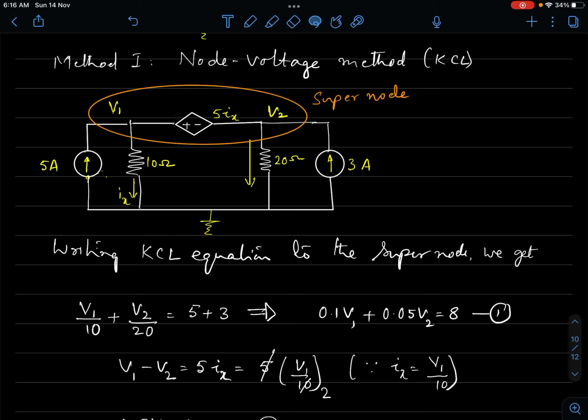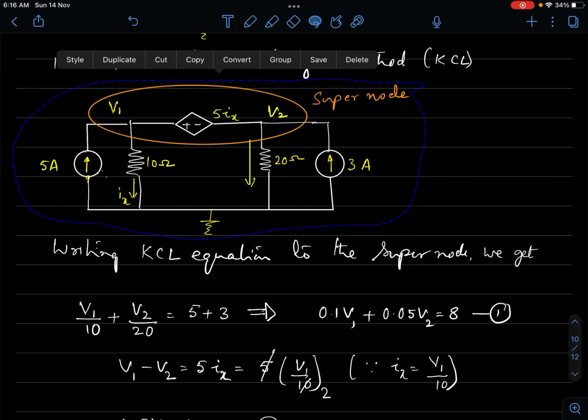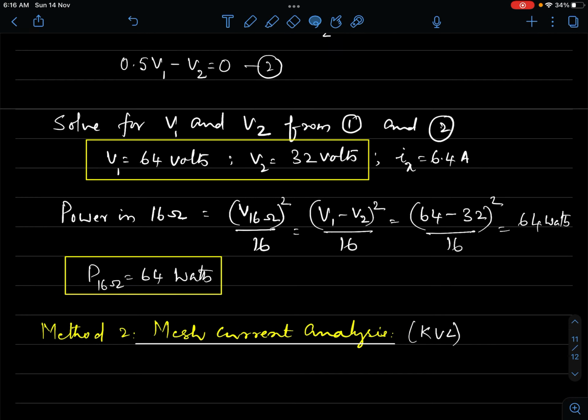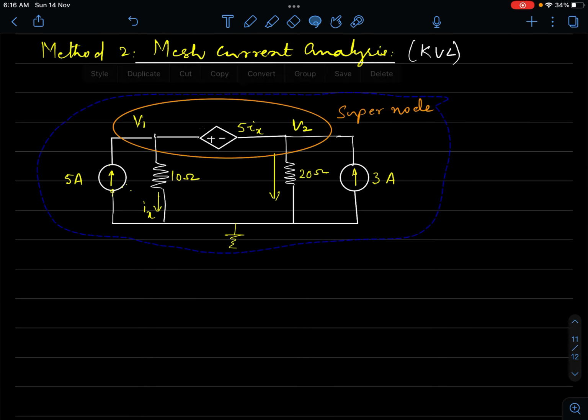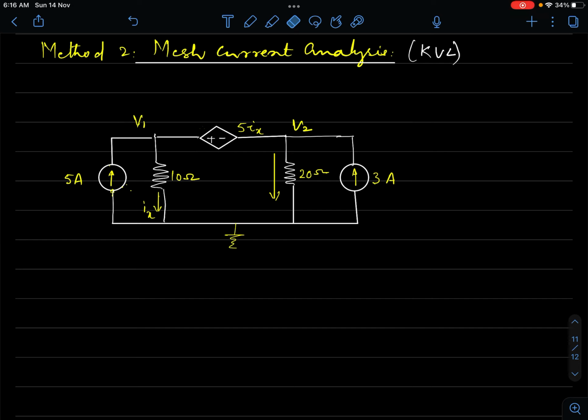I'll copy the network and paste it here. Okay, I'll remove the super node part. I'll remove this also. Of course, I need Ix. So this is my network now.